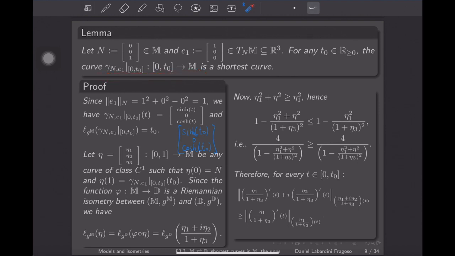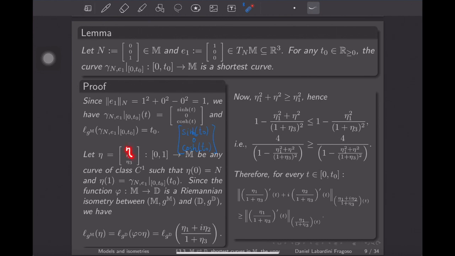Okay, so I take any curve of class C1 connecting n to the endpoint of the curve, which is this point. And here I'm writing eta as an ordered triple of functions.